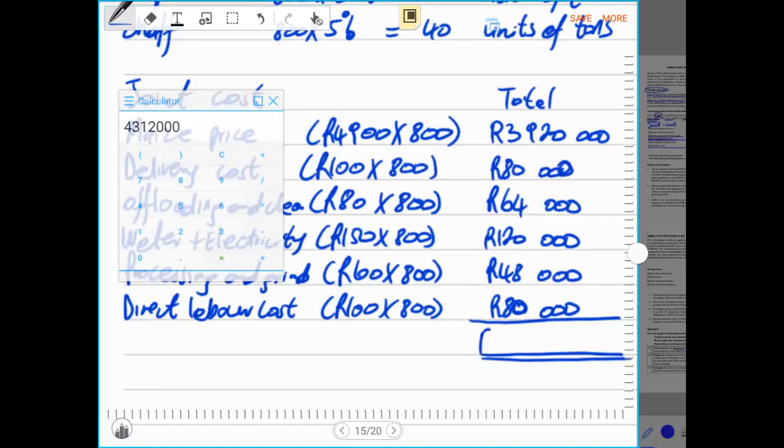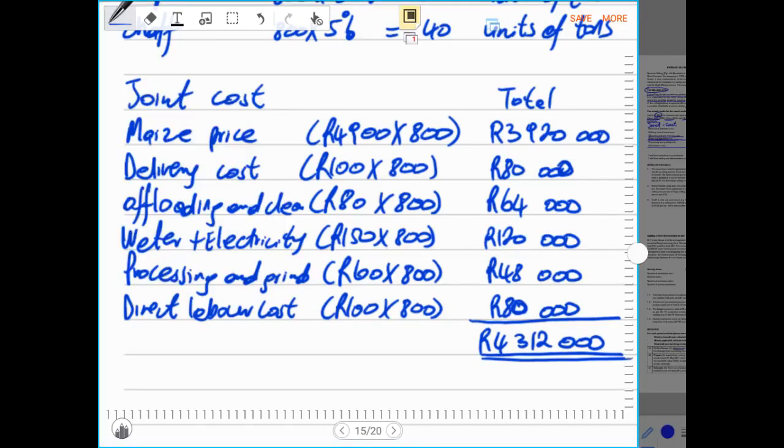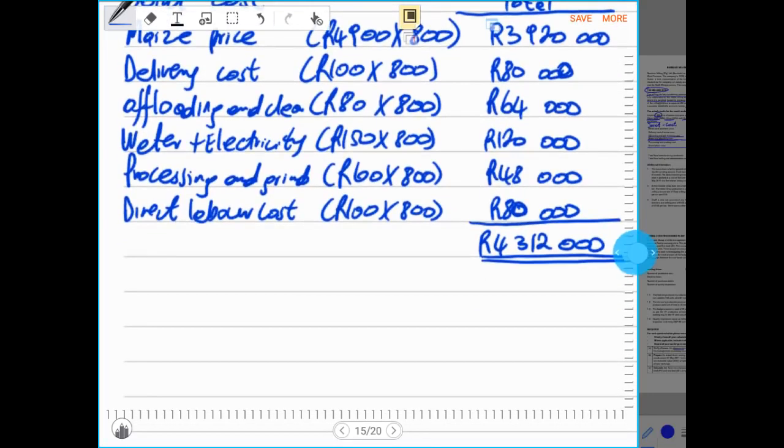This gives us a total of 4,312,000. And this is our total joint cost. So the costs that we incurred together to process the maize corn, the maize, the chop and the chaff came up to 4,312,000 rands.